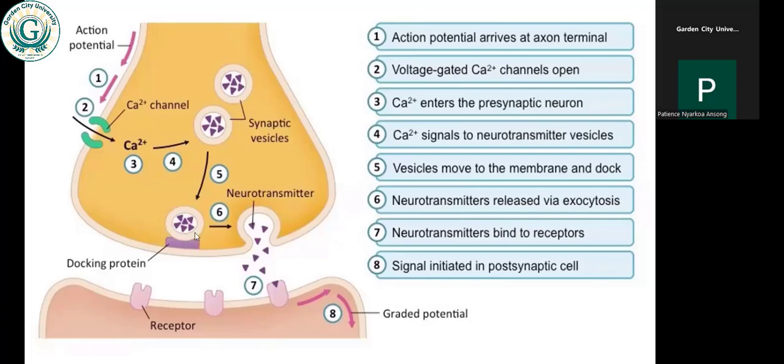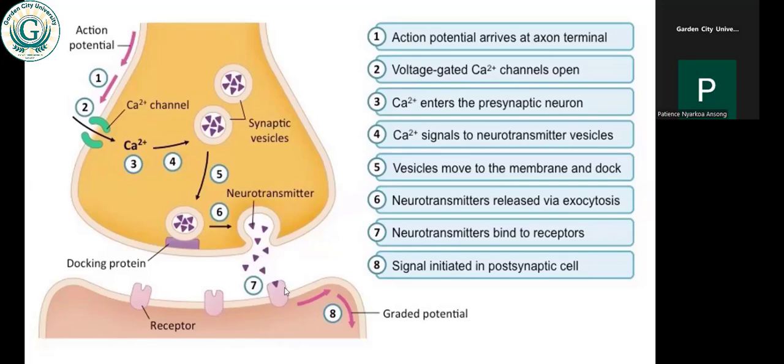With the presence of a protein called docking protein, these vesicles gain an ability to fuse with the cell membrane, releasing their contents, which are the neurotransmitters, into the synapse by exocytosis.